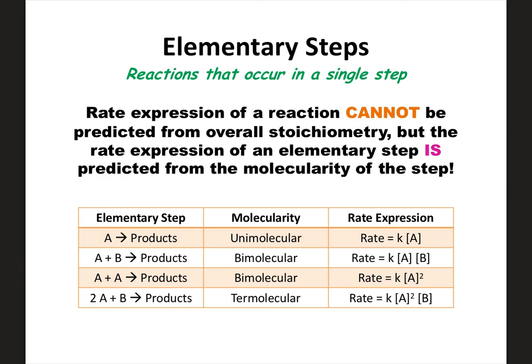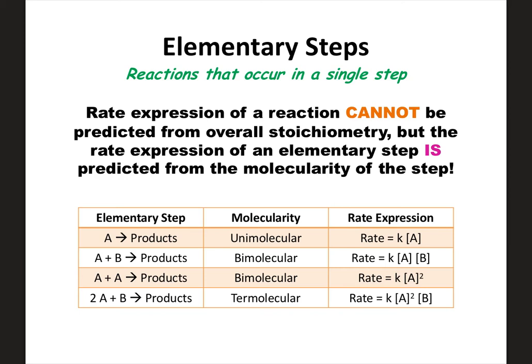For example, if you have an elementary step where A in a unimolecular reaction becomes the products, we know there's just one reactant. So the rate law for this would be rate equals k times the concentration of A raised to the power of 1, because there's just one A. Notice we were able to write the rate law and we knew the order with respect to the reactant because it was an elementary step.